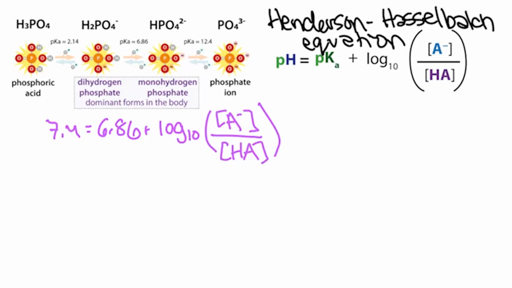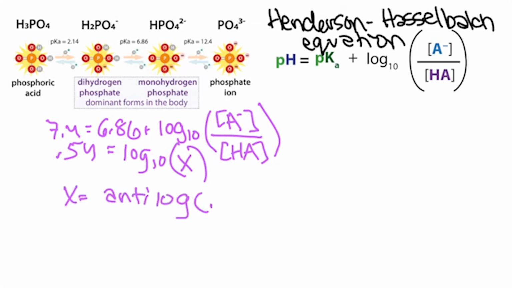If we do the math, we subtract 6.86 from either side, and what we get is 0.54 equals the log 10 of this value. We're just going to call it x because we're looking at the ratio here. In order to reverse this, we take the anti-log. So x is the anti-log of 0.54, which is 10 to the 0.54.